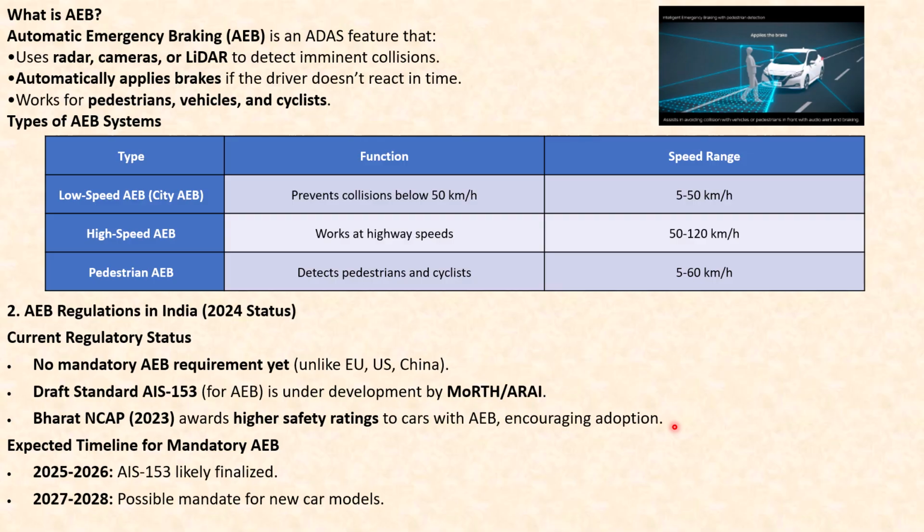So the expected timeline is that by 2025 AIS 153 is likely to be finalized, and by 2027-2028 AEB is possibly mandated for new model cars. As of now it is not mandated, but there is a good chance that by 2027 or 2028, automatic emergency braking is mandated for new car models.